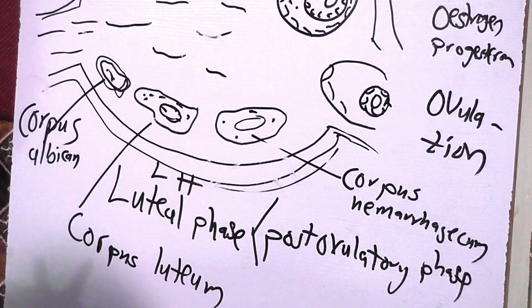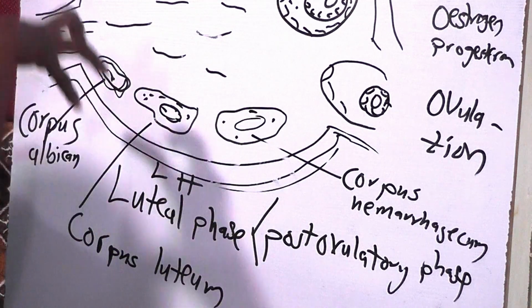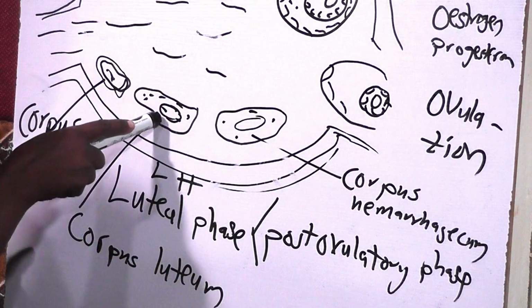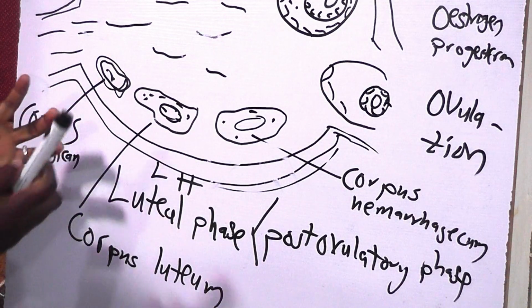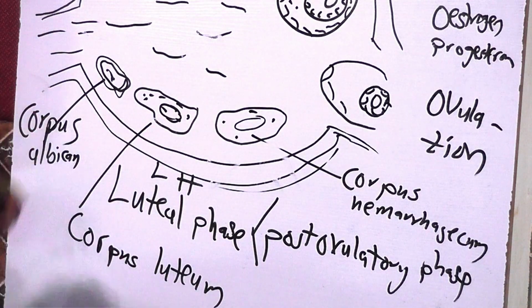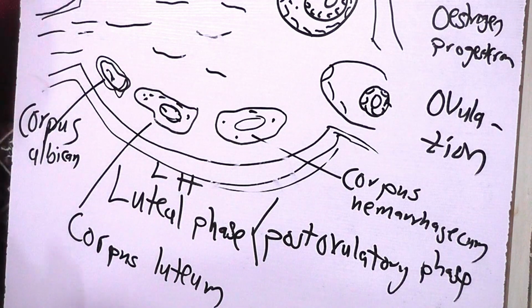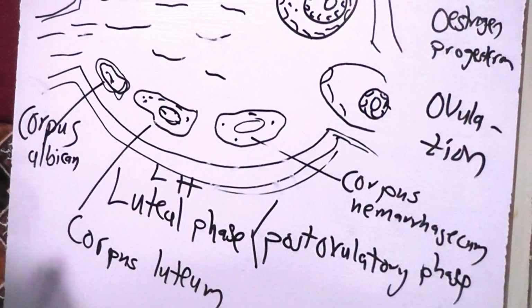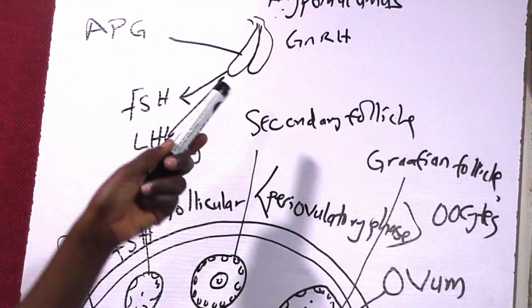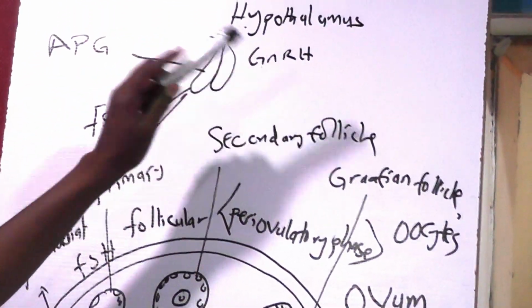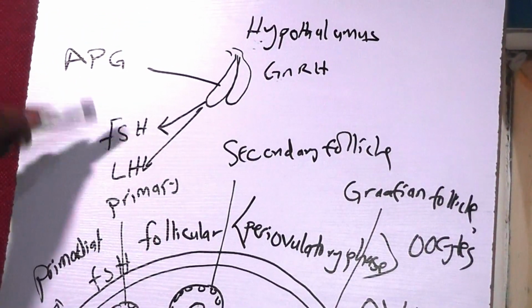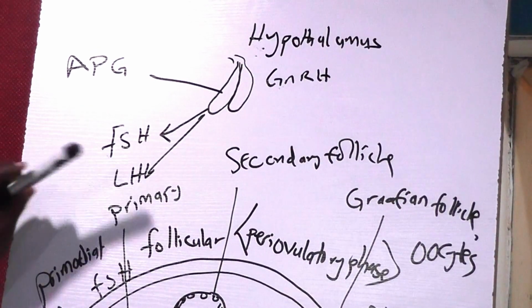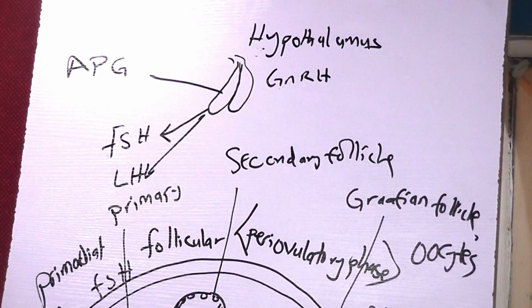Then the decrease in the level of progesterone produced by the corpus luteum, as a result of the degeneration, will send information to the hypothalamus that there is a low level of progesterone. So the hypothalamus will now release gonadotropin releasing hormone, which will stimulate the anterior pituitary gland to produce follicle stimulating hormone and luteinizing hormone, and the cycle continues.